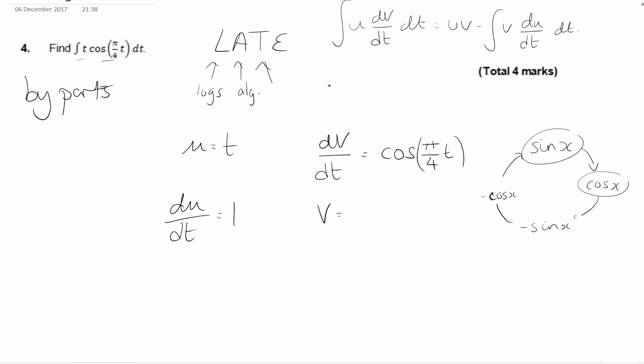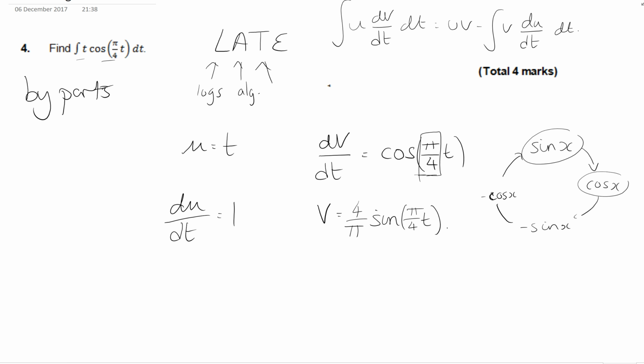But what happens to this little value in here? We take the reciprocal of it, so it's 4 over pi sine pi by 4 t. Okay, important that we get that. Familiarise yourself with when it's cos 2x and cos 3x and cos 4x. Once you're happy with that, you should then be able to see how that one's come about.